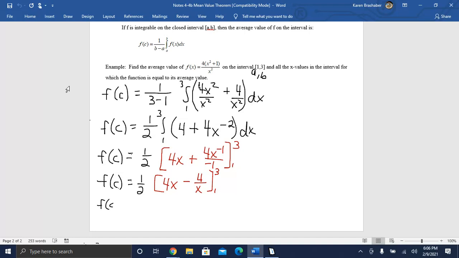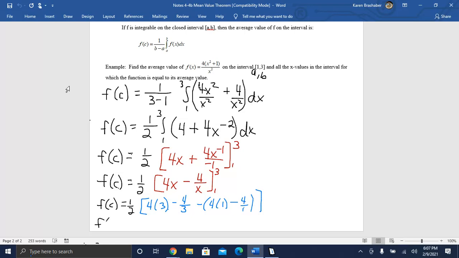So f of c will equal 1/2, and now I'll do my substitution. So I'll have 4 times 3 minus 4 over 3, and then minus, in parentheses, 4 times 1 minus 4 over 1. So there's the application of the fundamental theorem of calculus. And then we just need to evaluate.